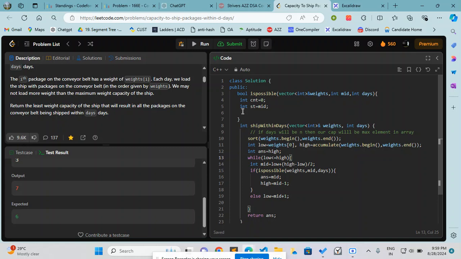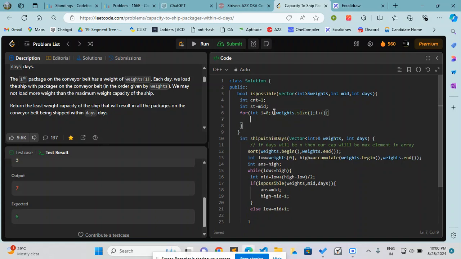Let's try to solve this with a specific function. How do we write it? Let's design a loop, and our counter will start from the first day. I will loop from 0 over all the weights, that is the vector size, i plus plus.